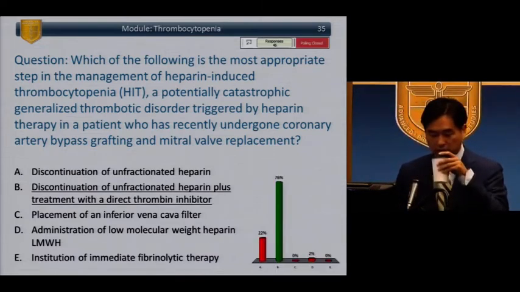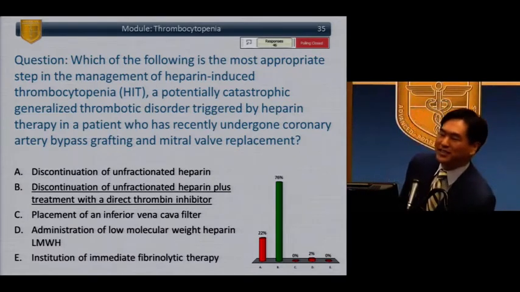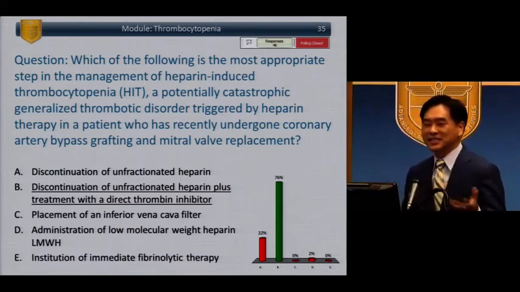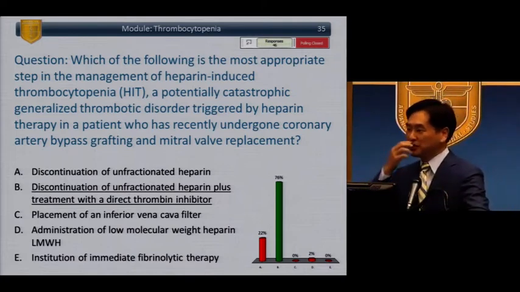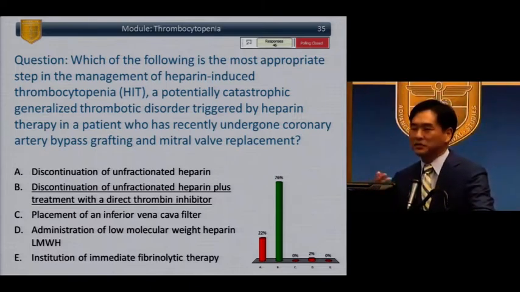Good. Excellent. Now, those of you who went for answer A, I like you people, because DTIs frustrate me, because every time I use them, well, less nowadays, they bleed. They always bleed. People on argatroban, lepirudin, and so on and so forth, they bleed, and you don't have a reversal agent, and you're just stuck transfusing.